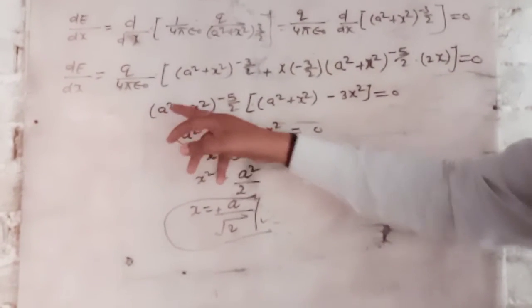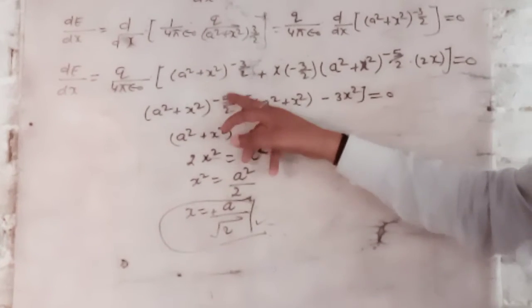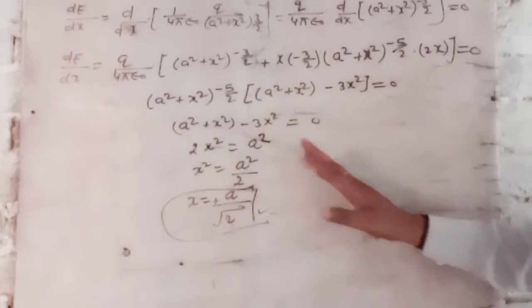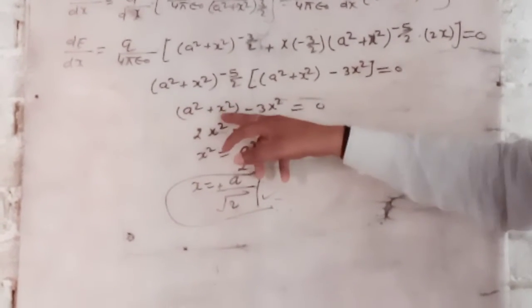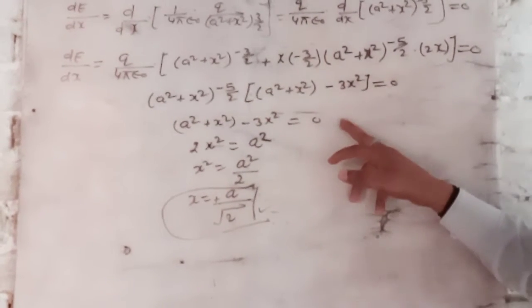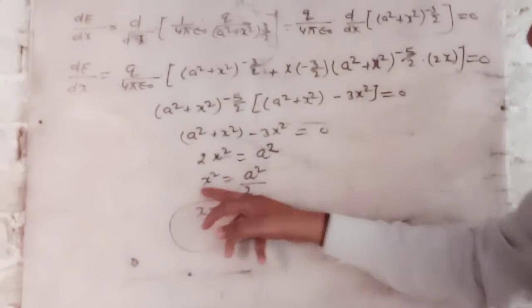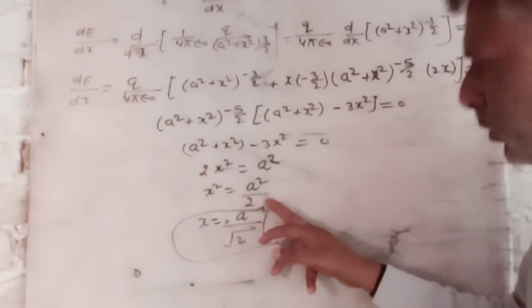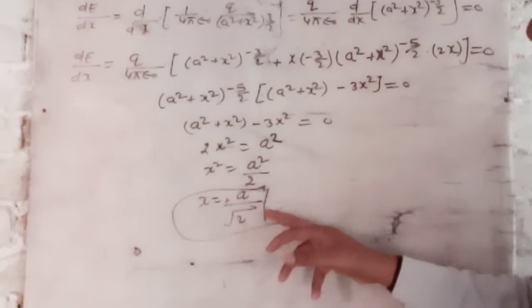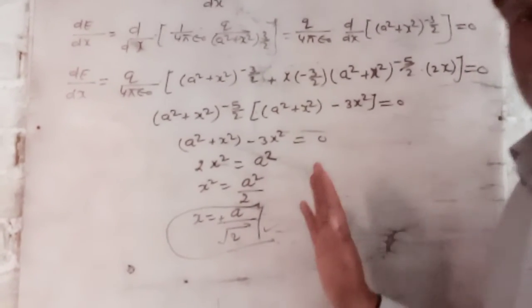Neglect the term a square plus x square power minus 5 by 2, it is very small. Then a square plus x square minus 3x square is equal to 0. Then 2x square is equal to a square, or x square is equal to a square upon 2, or x is equal to plus minus a by under root 2.